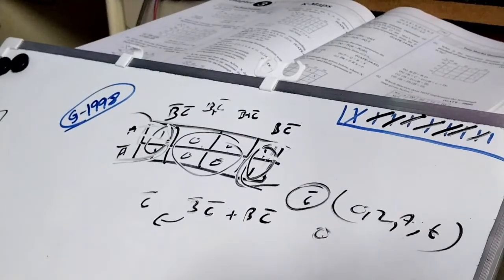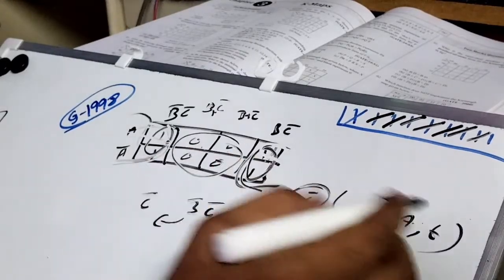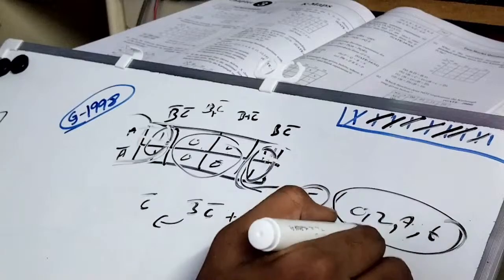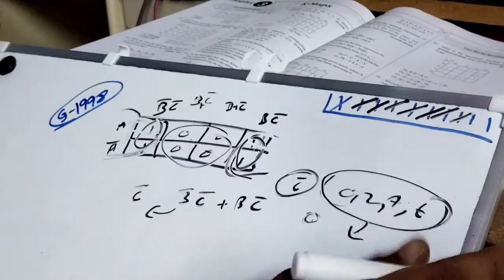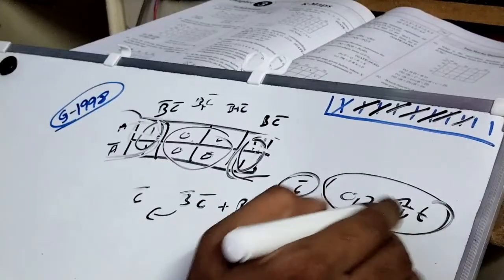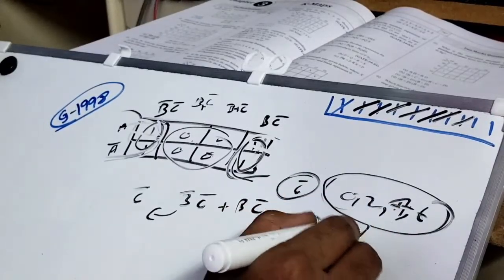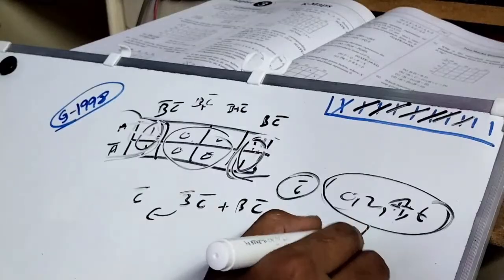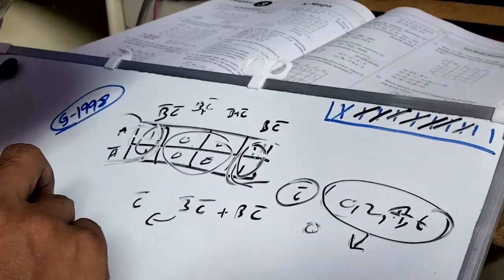What is this? 0 to 4, 6. Then I have 0 to 4, 6. Zero to 4, 6.